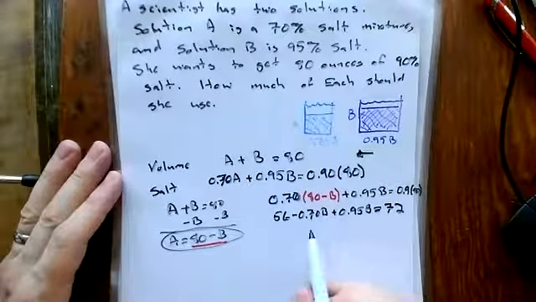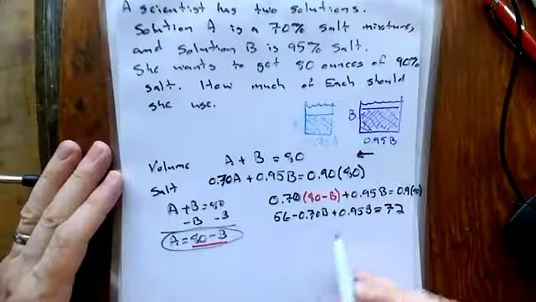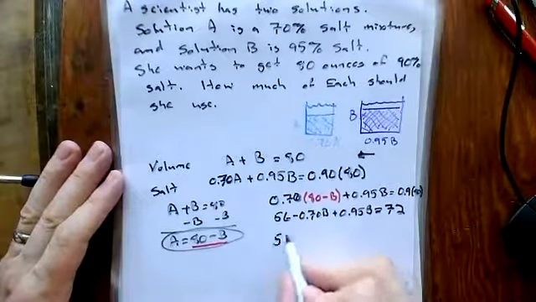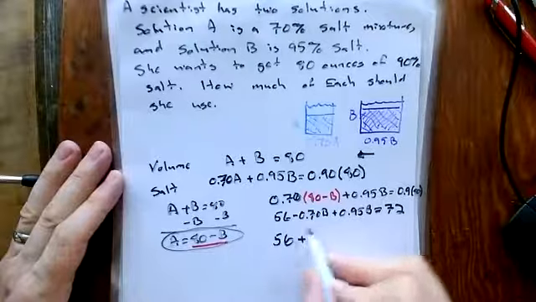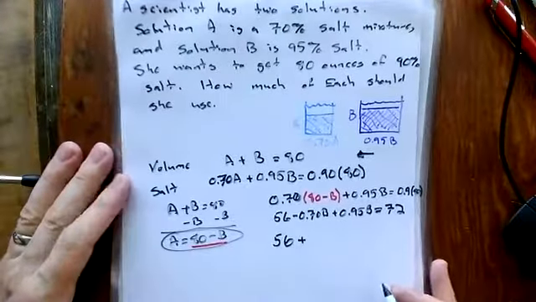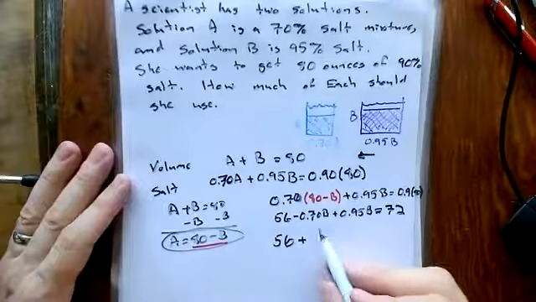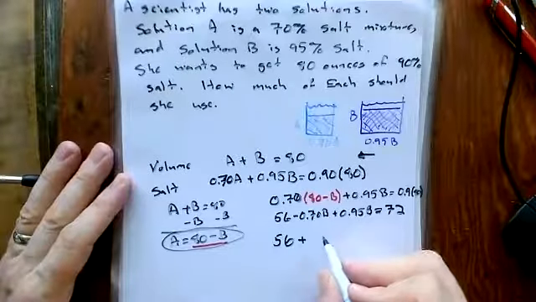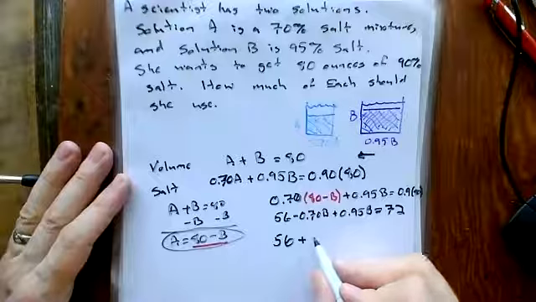I'm going to add together my like terms. I've got two b's over here. So I'll have 0.95 minus 0.70, which is going to end up being, what's that going to be?